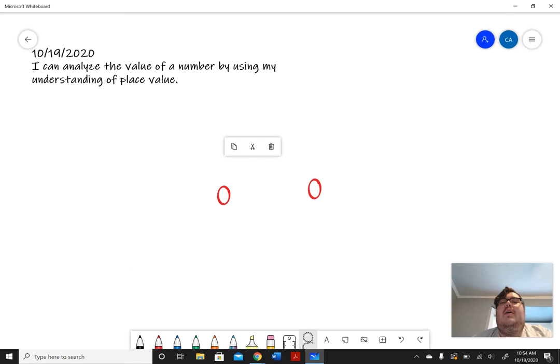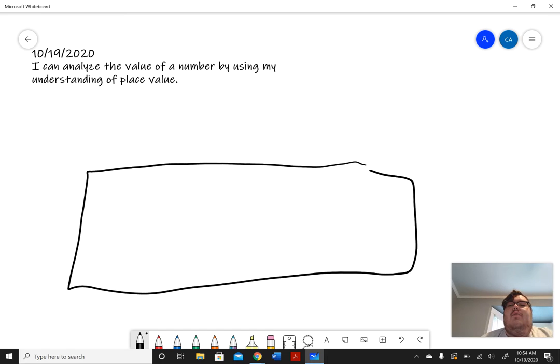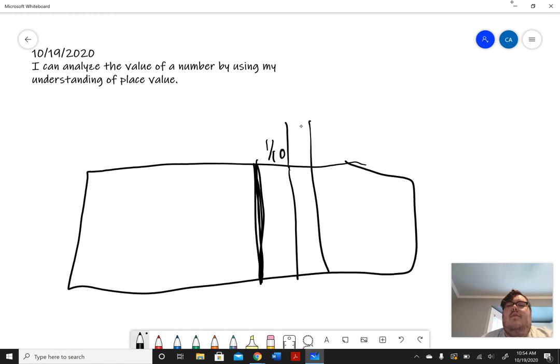But anyway, let's look at this. When we're determining value, we can often use a place value chart. This place value chart helps us out quite a bit. So I'm just going to draw one real quick. Tenths. Oh, that is tiny.